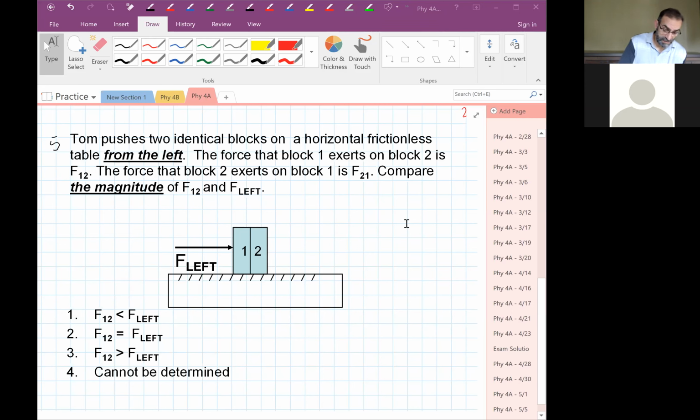F left is causing what to accelerate? F12 is causing what to accelerate? They're both accelerating at the same rate. Let's do it again. So which one has to be bigger? Or would they be the same?